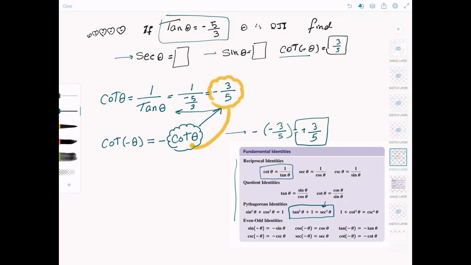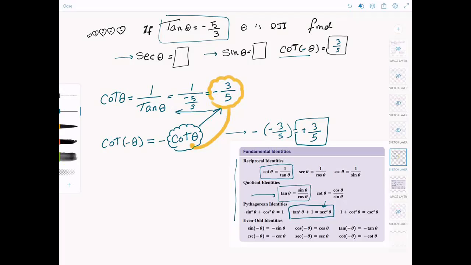Now let's look at another one, sine. Between tangent and sine, there is this formula, and there is no other one. If you want to use this, you need to know cosine, which we don't know. So that's not going to be a good selection.